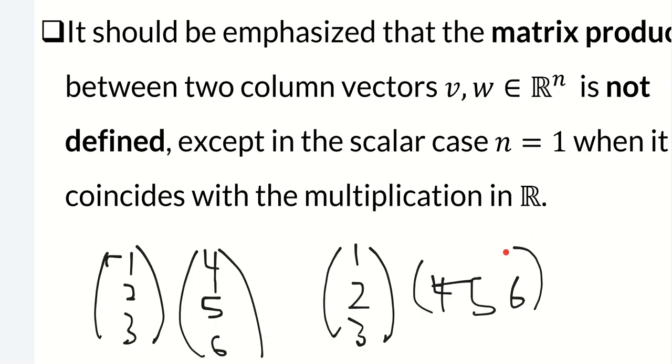So I'll keep the second one, 4, 5, 6, and transpose the first one, 1, 2, 3. It should work.